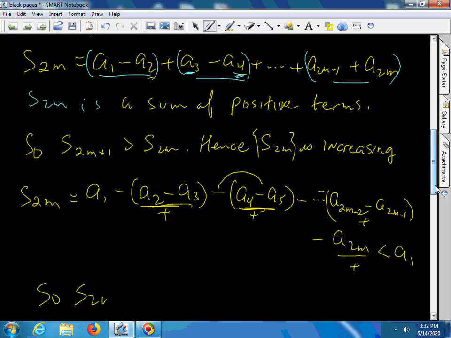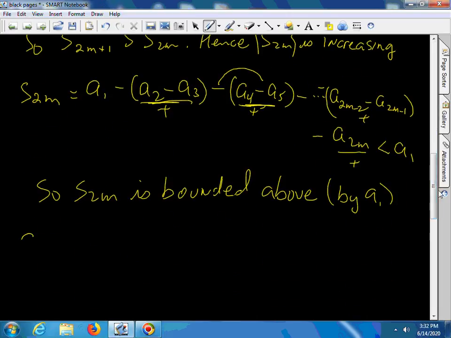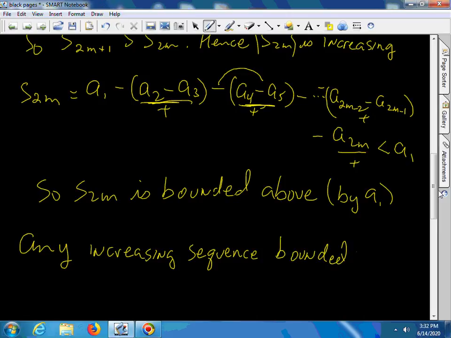So S2m is bounded above by a1. Any increasing sequence bounded above has a limit.